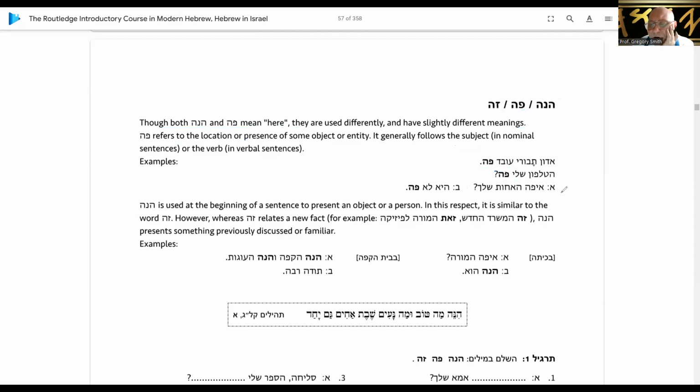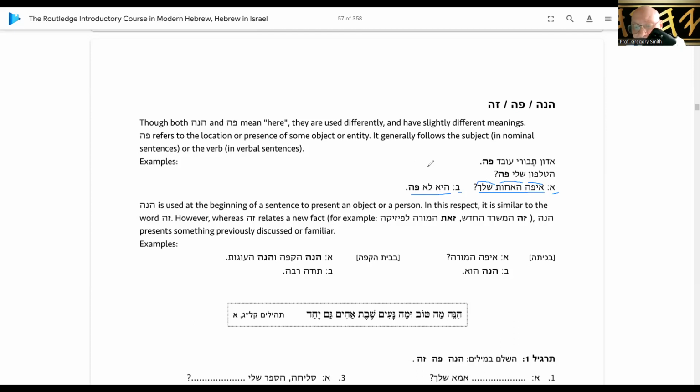Now we've got number. Here's an answer. Efo ha'achot shelka. So where is your sister? Where is your sister? Ha'achot. That looks like ha'achot shelka. Where is your sister? Answer. He lo po. She is not here. Where is your sister? Let's take a look at that one.